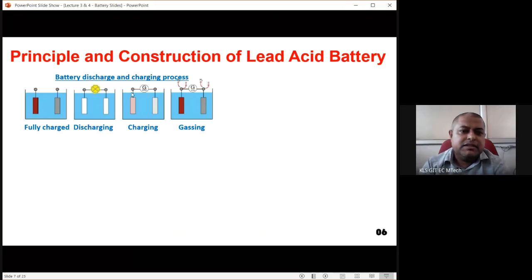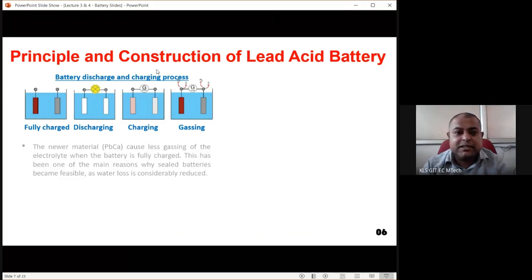This is the charging part and this is the gassing part. They are a combined process, because during charging the gassing occurs. After the charging, it again comes to the first diagram, which is called fully charged, and in fully charged, the positive and negative ions are again in two different electrodes. So if you are asked, you can explain this battery charging and discharging process.